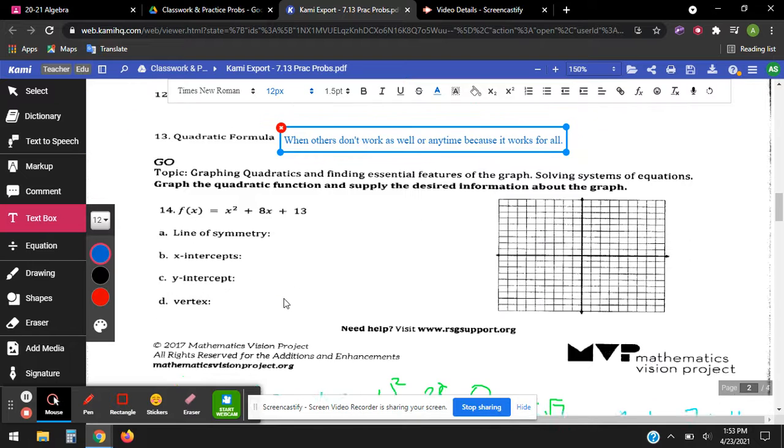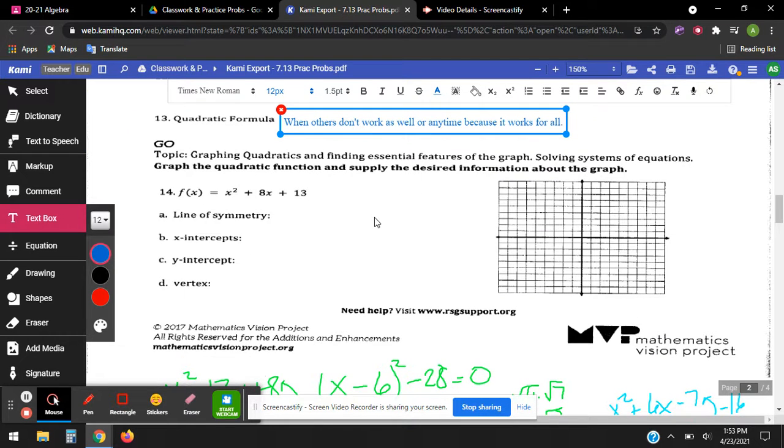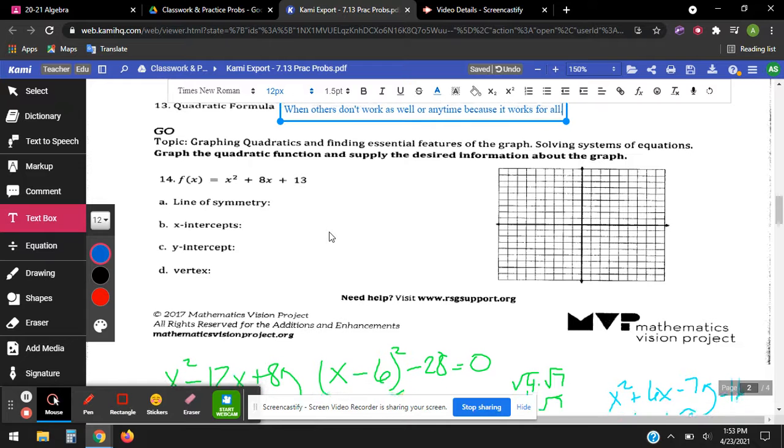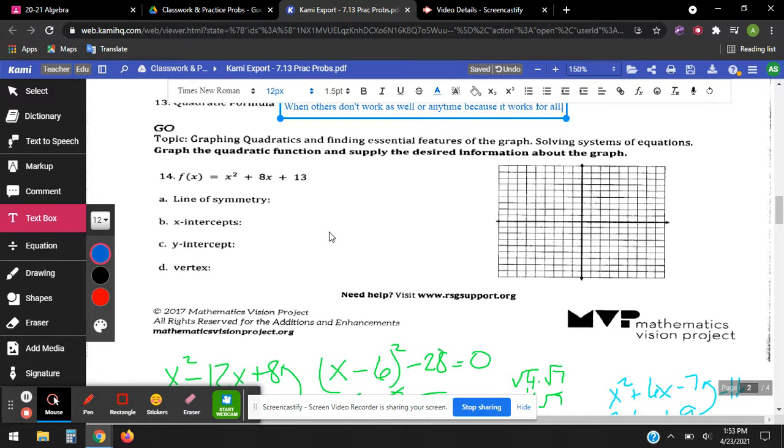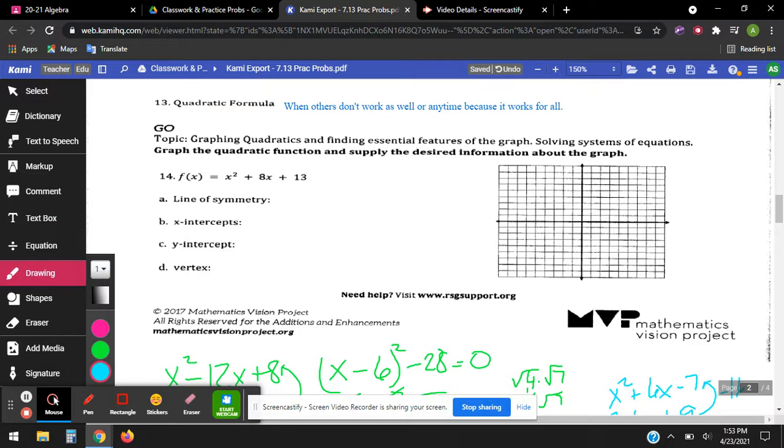All right, last ones. Graphing quadratics. Graph the quadratic function and supply the desired information about the graph. All right, if we're going to graph, I'm going to put this into vertex form. So x squared plus 8x plus, divided by 2, equals 4 squared, 16.